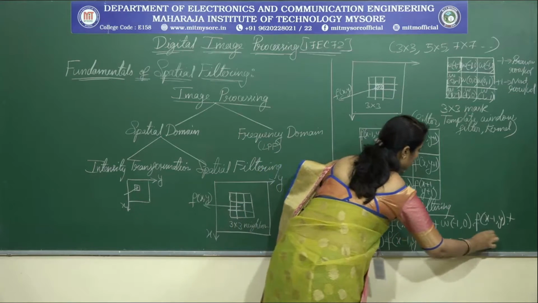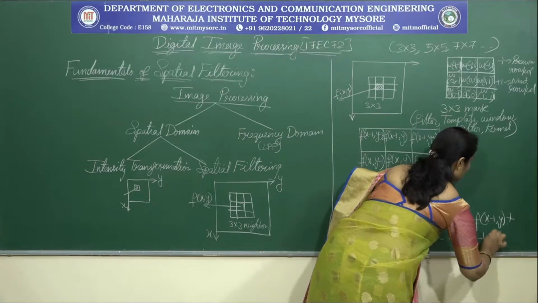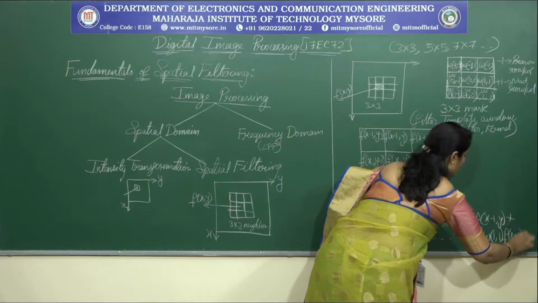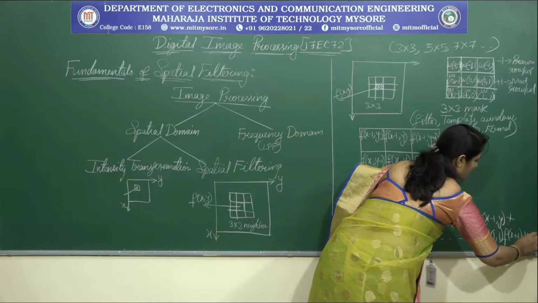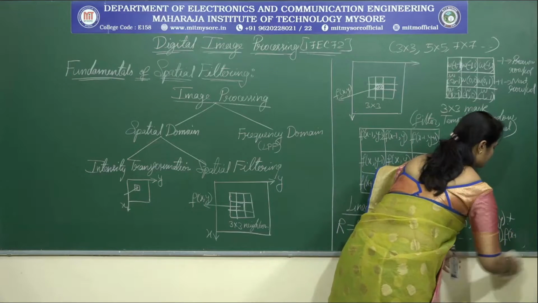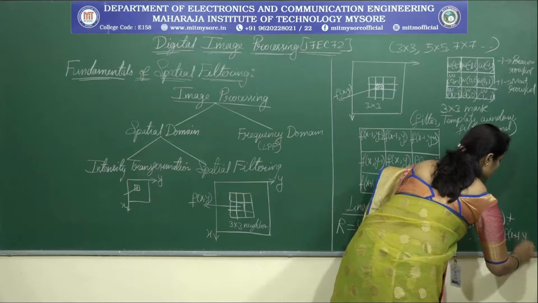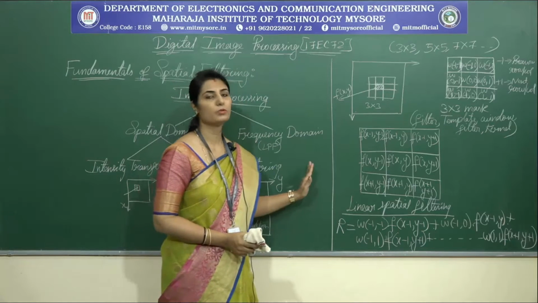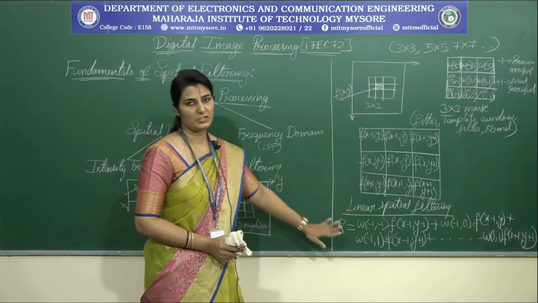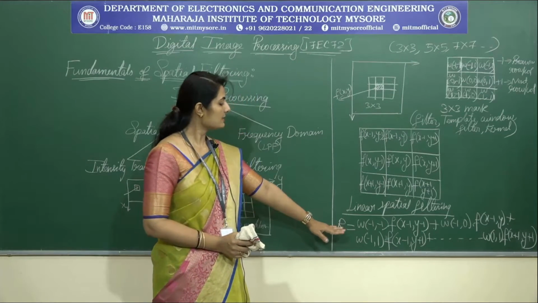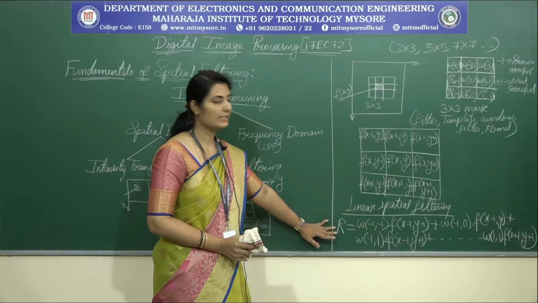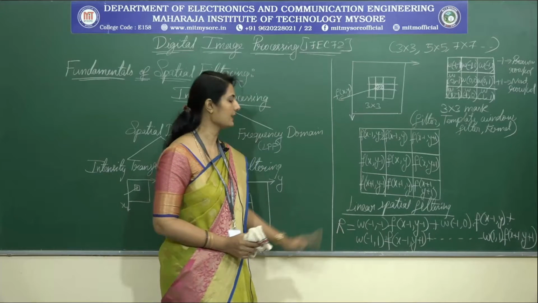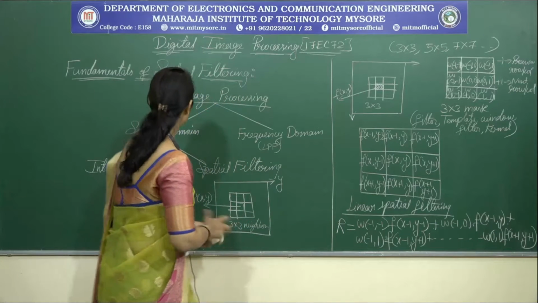Like this we will continue up to W of 1 comma 1 and f of x plus 1 and y plus 1. This is how we perform linear spatial filtering, and the response of this filter can be represented in the form of a general expression.